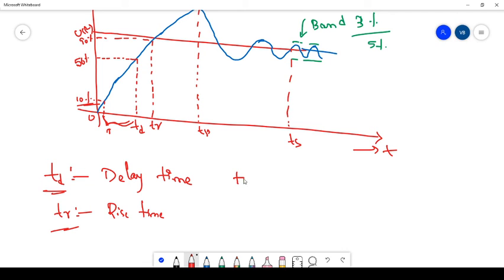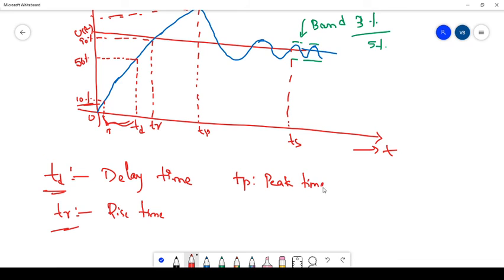Next one, peak time. How are we going to define the peak time? The time the output response takes to reach its maximum value is called the peak time.